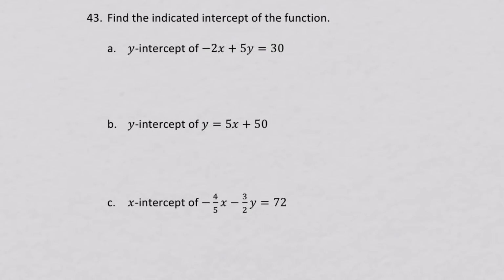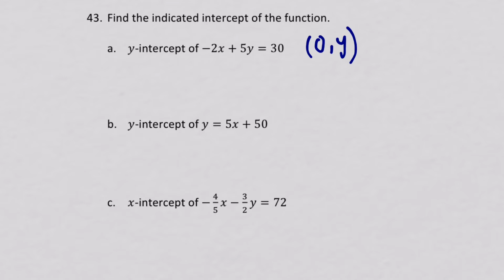All right, let's move on to number 43. It says find the indicated intercept of this function. Part A says find the y-intercept of negative 2x plus 5y equals 30. First, let's recall that the y-intercept always will look like this: 0, y. 0 for x, and then y, whatever the y value is that we come up with.